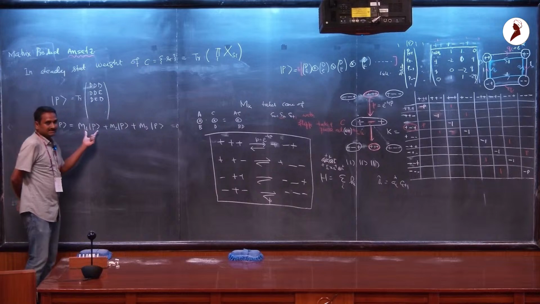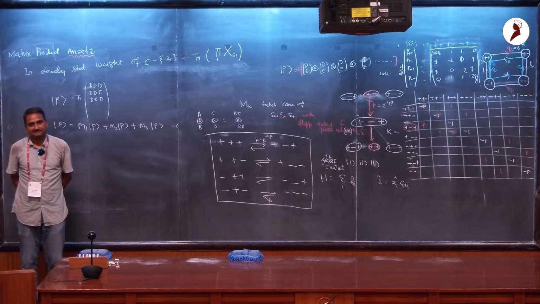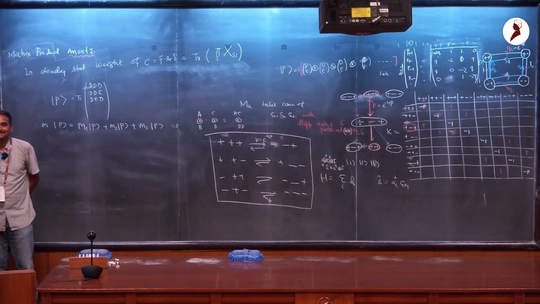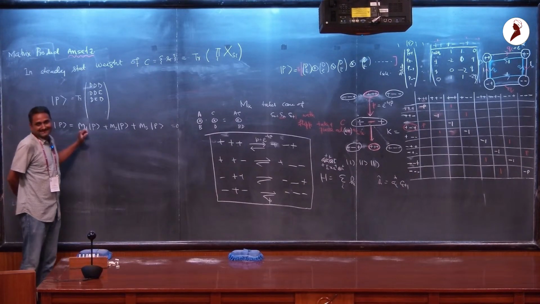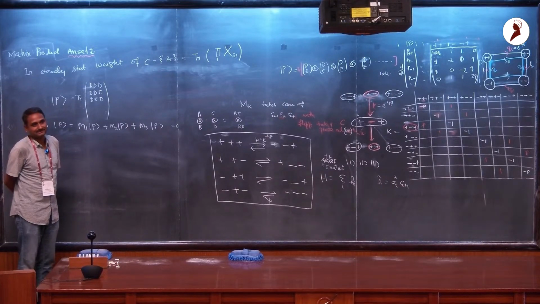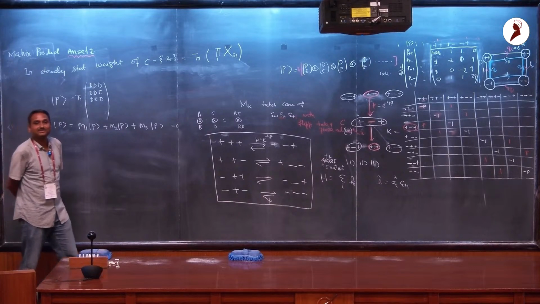But let us say that M1 times P is itself 0. Of course, this is not needed. But if I am demanding that condition, then automatically the equation will be satisfied, right? M_i P equal to 0, then this equation will be satisfied. It's not a requirement.